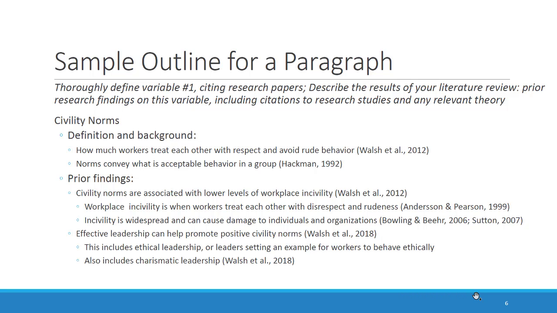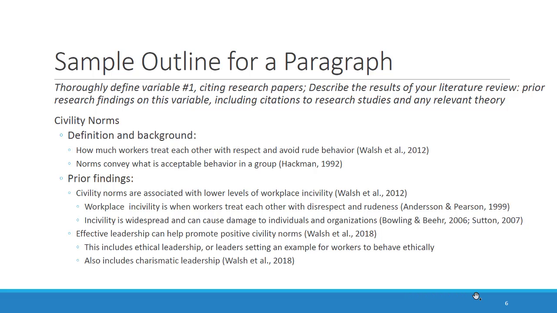So the construct that I'm focusing on for variable number 1 is called civility norms. Civility norms are essentially how much workers treat each other with respect and avoid rude behavior. So you can see that bullet is the first bullet under definition and background, and I cited a researcher there who had published a study that provided that definition.